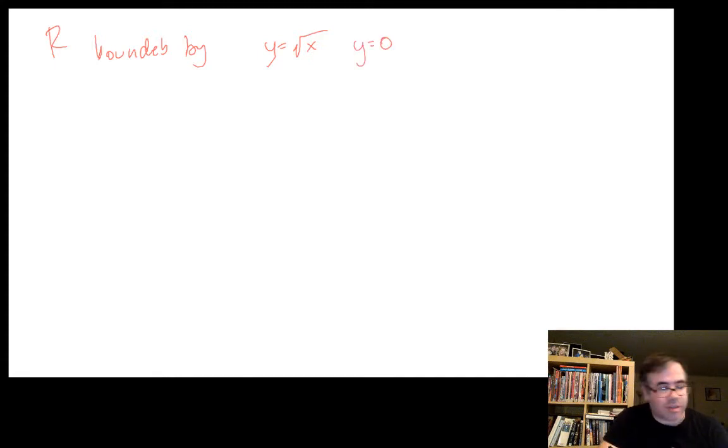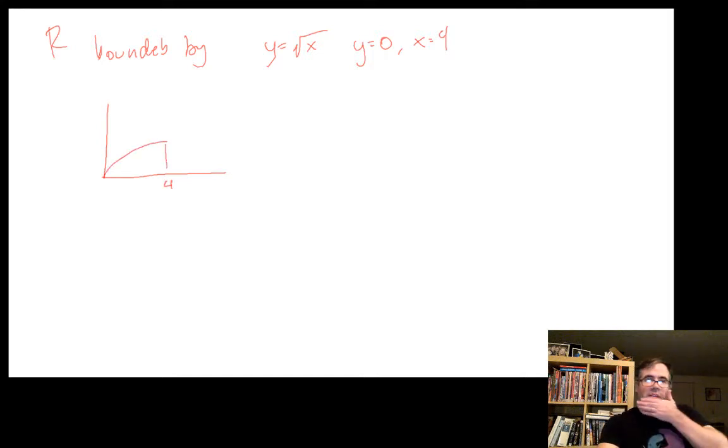Let's say we have a region bounded by y equals the square root of x, y equals 0, which you may know as the x-axis, and x equals 4. When we graph that, this one's going to be a slightly boring hole right now, but we can do other ones. Let's say we revolve that around the line x equals 6.